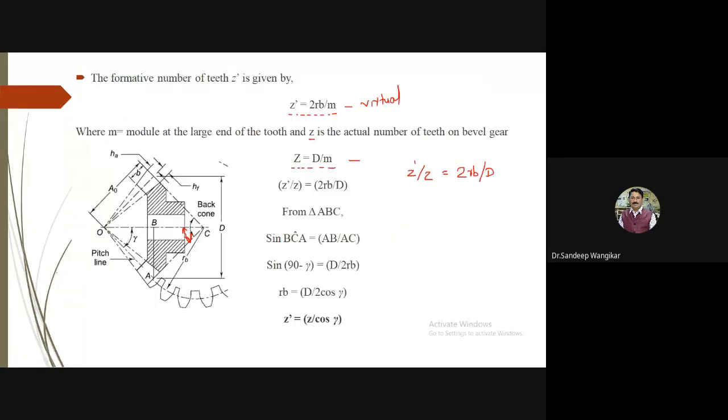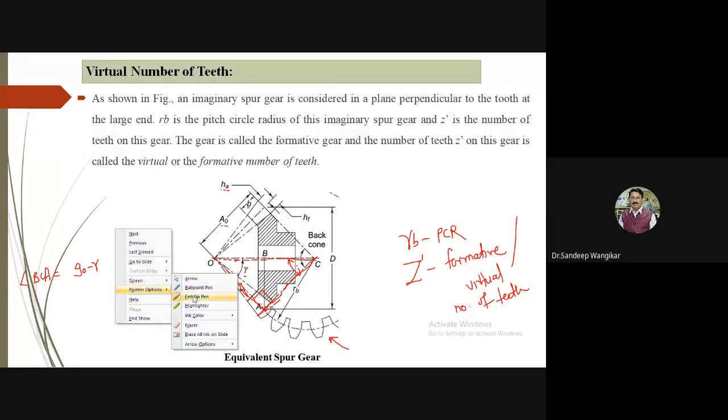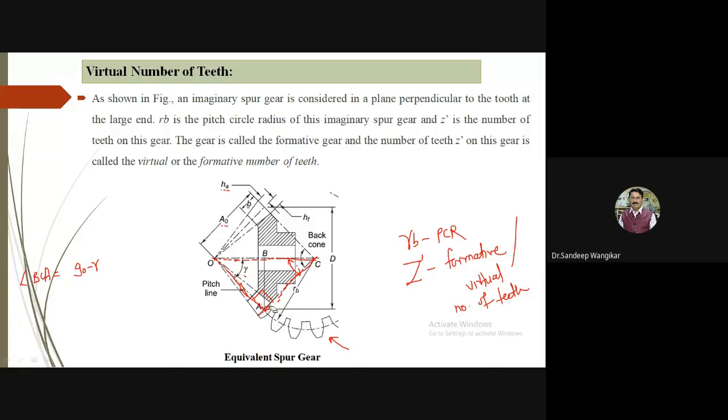So here, in the diagram, let us go for the sine of 90 minus gamma. What will it be?